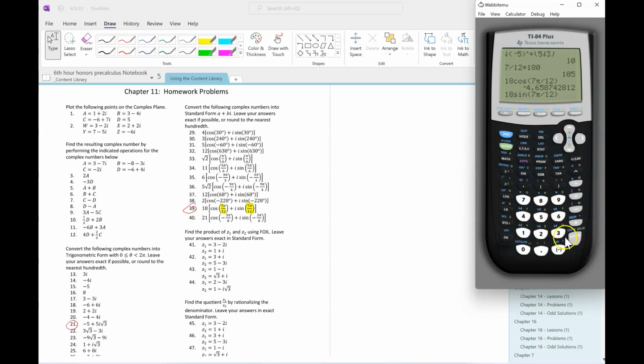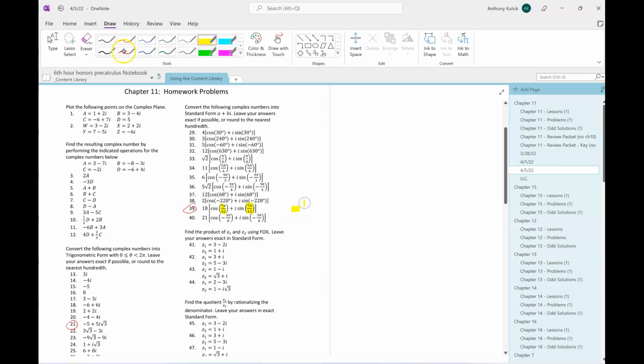And then do the same thing for sine. So that's my B value. So I have negative 4.66 plus 17.39 i. Is that okay? Yep.